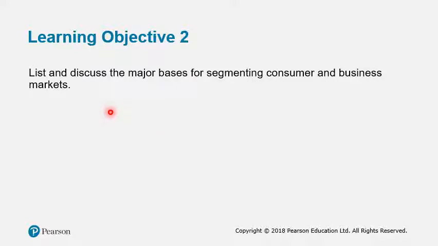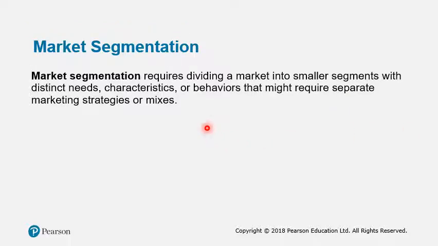The second learning objective is to list and discuss the major bases of segmenting consumer and business markets. Market segmentation requires dividing a market into smaller segments, like I mentioned just now, smaller groups with distinct needs, characteristics, or behavior that might require separate marketing strategies or marketing mixes.